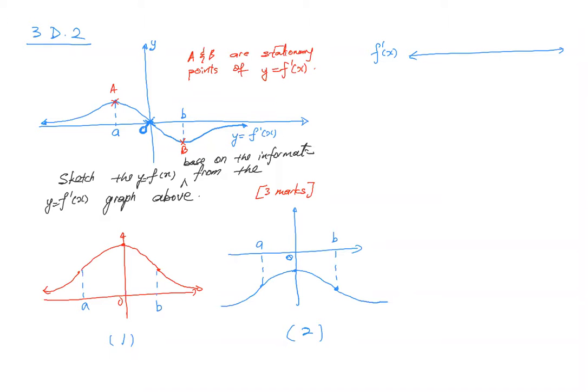So you mark it down here. The graph of f prime x is above the x-axis, so it's positive. The graph of f prime x is below the x-axis, so it's negative. So therefore, if f prime x is positive, it implies f(x) is going up. So you see the graph of f(x) is going up.